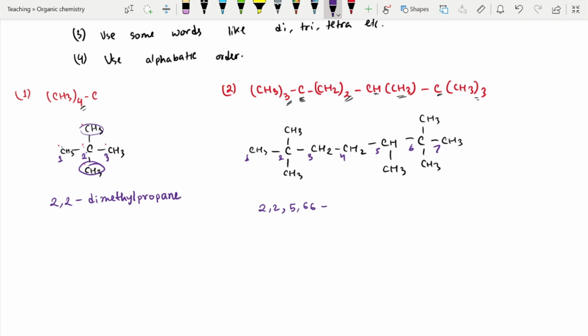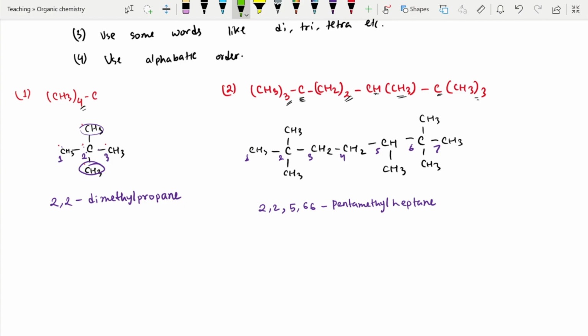So there are a total of 5 methyls connected with the main chain, so we will say pentamethyl. There are 7 carbons in the main chain, that's why it will end with heptane, because this is an alkane.